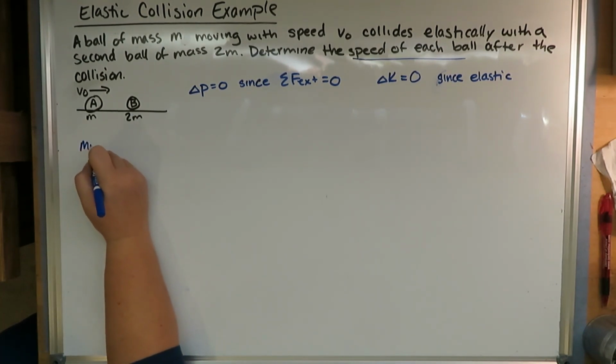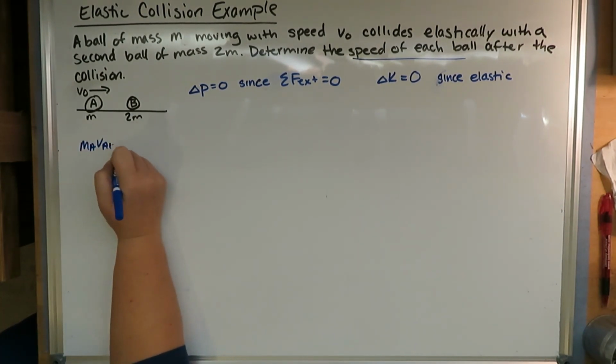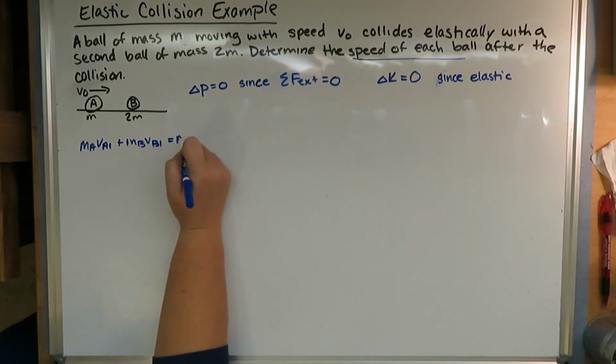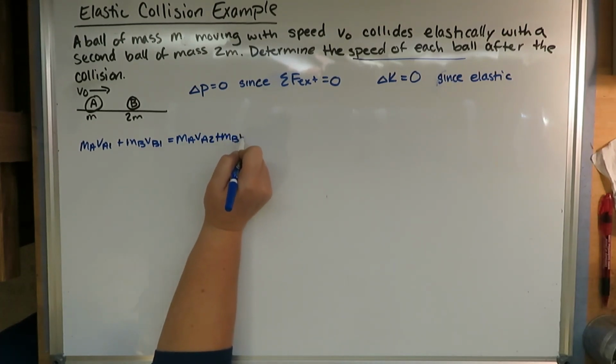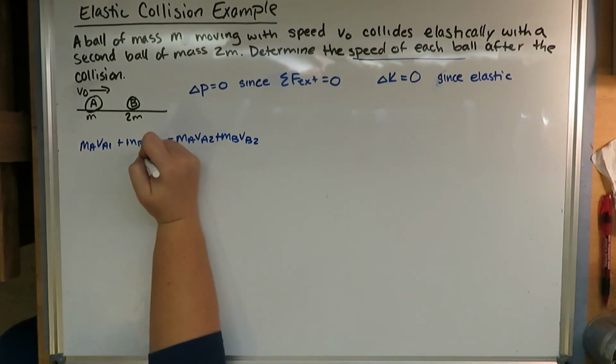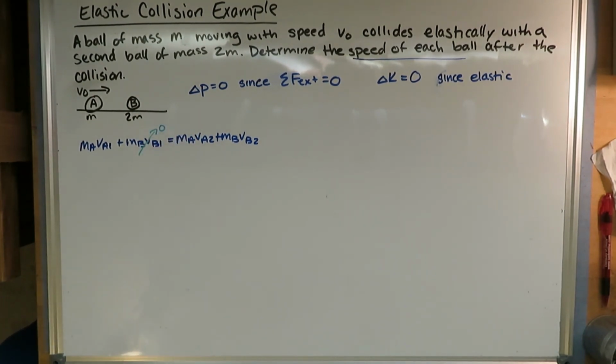So I'm going to do MA VA1 plus MB VB1 is equal to MA VA2 plus MB VB2. And then I'm going to define VB1 at the start to be 0, because that one starts off at rest.